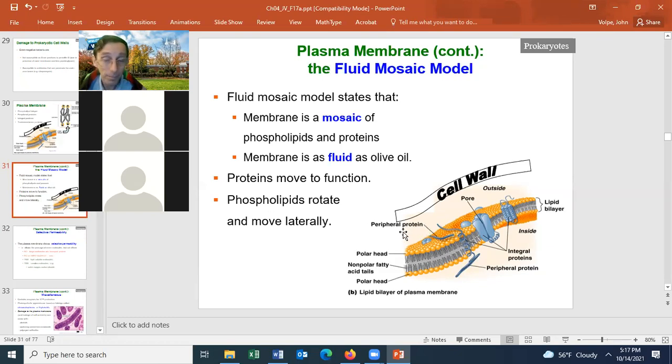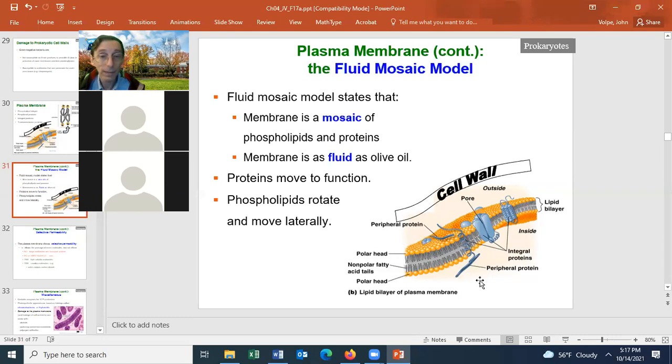They can be attached to an extracellular substance outside the cell. And if it's attached to the intracellular skeleton, the cytoskeleton, then the protein doesn't move. It's anchored in place by the cytoskeleton.